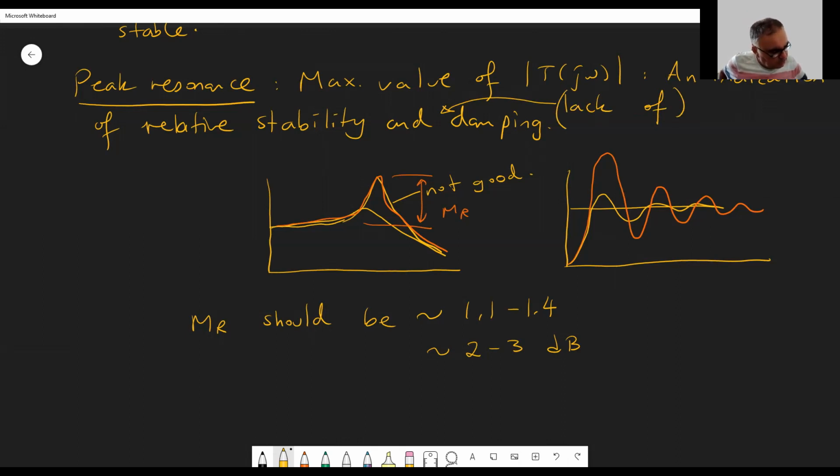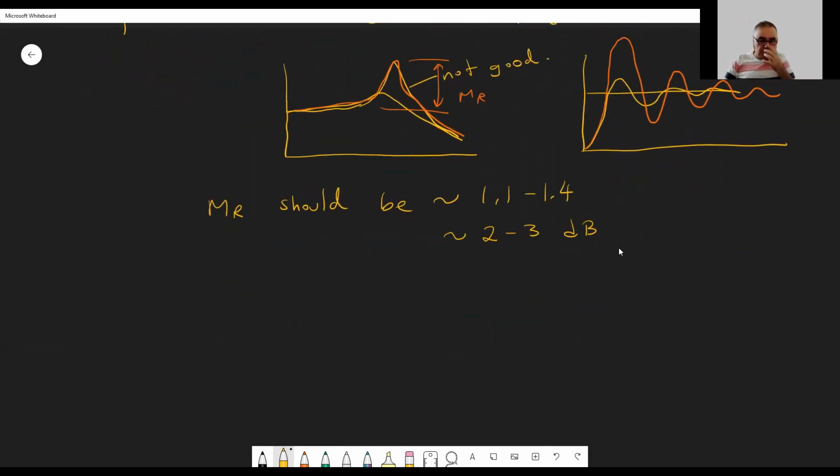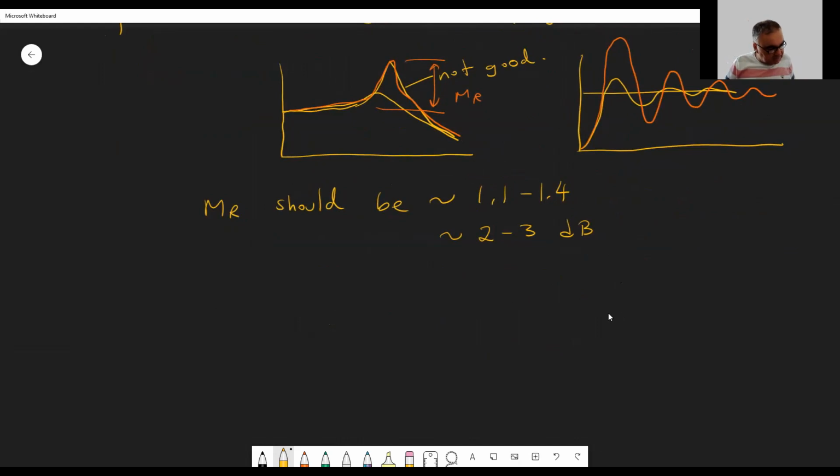So we try to make these quantities as small as possible. Well, we try to increase the bandwidth and decrease the maximum resonance, the peak resonance.